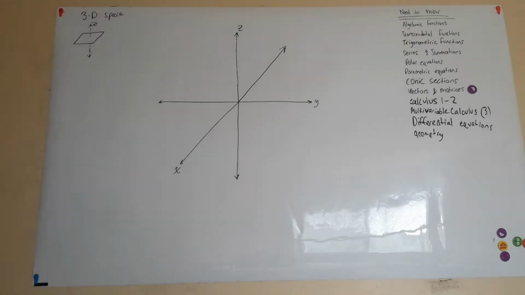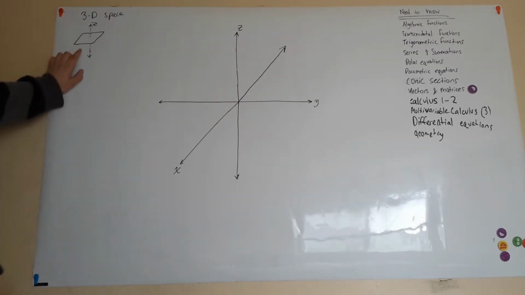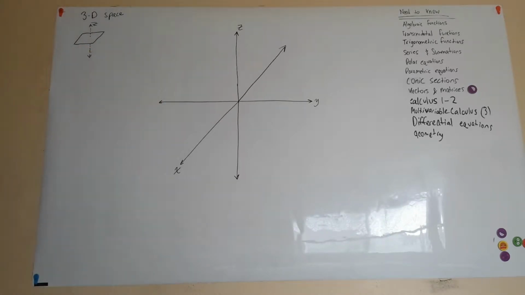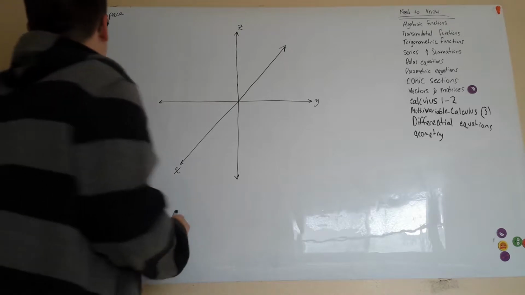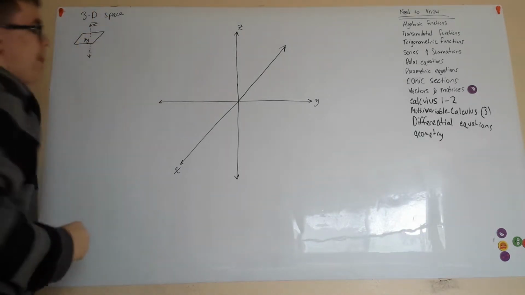If you can see that, then that's good. But this is a visual helper of what this is supposed to be looking like. And this is the XY plane.